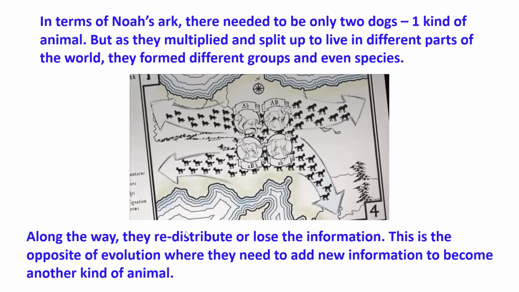Along the way, they redistribute the capital A and the capital B, the small a and the small b, and so on. They redistribute or they lose the information.